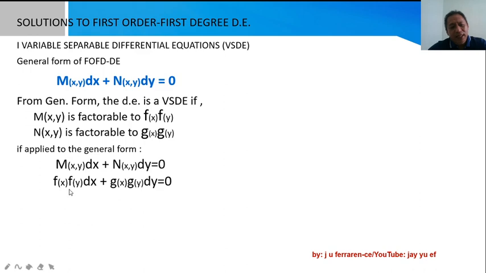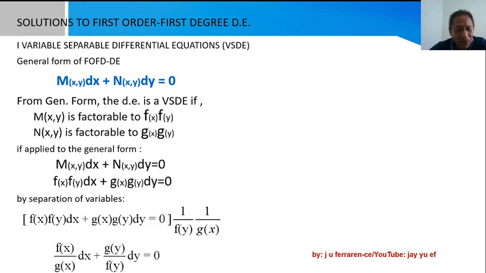So I have to remove a function which is not in x, like the f of y. We can easily remove that if we divide by f of y. If I go also to the second term, the dy term, this is also associated with a function involving x. So I can also remove the g of x by dividing by g of x. This is now the manipulation to separate my variables.